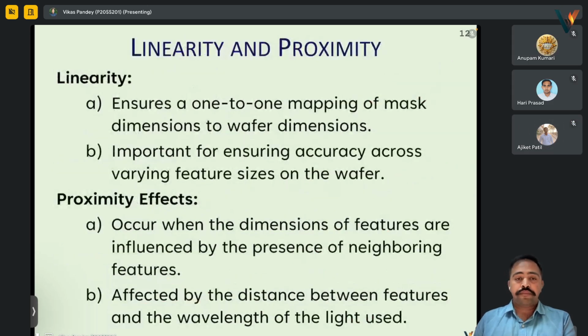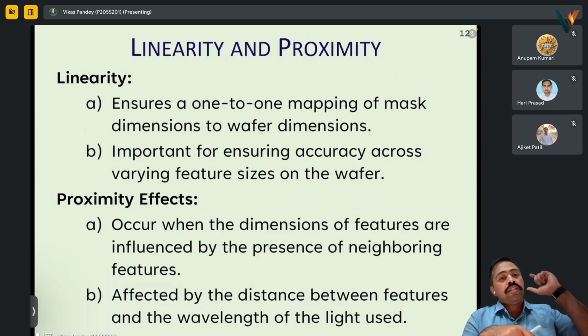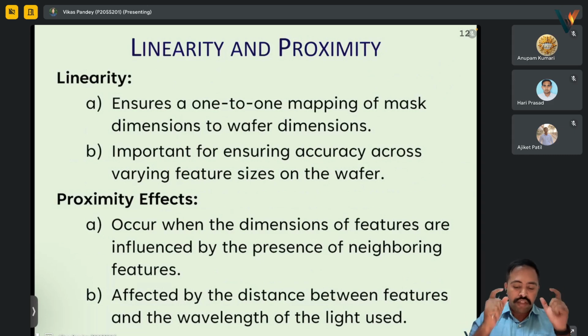Then there is something called linearity and proximity. We make a mask and we want it to be linearly mapped, in the sense that whatever the dimension, whatever the size, it should be one-to-one mapping in the case of contact and proximity lithography.